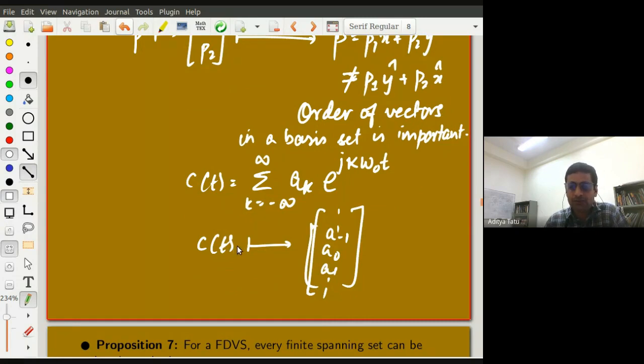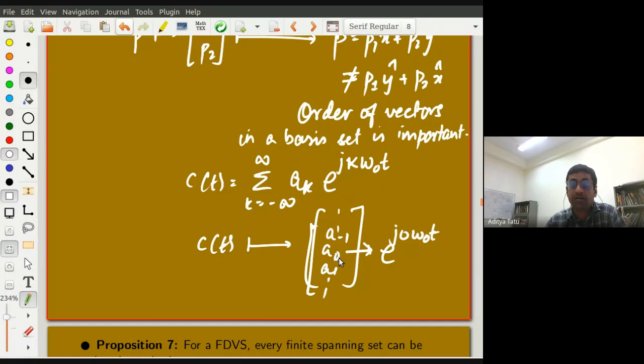If you're sort of convinced with this, and if I want to get back my x of t, how do I know that A0 has to be multiplied to e to the power j0 omega t? Not because of its subscript 0, right? In practice, this will be replaced by some actual real number or a complex number.